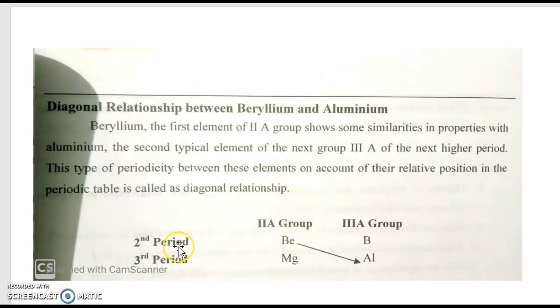Here these are the second period and third period. Here the second A group, that is the s block element, beryllium, and these are the third A group elements, or p block elements. The second element of the 13th group, aluminum, and the first element of the second A group, beryllium, show some similarities in some properties.